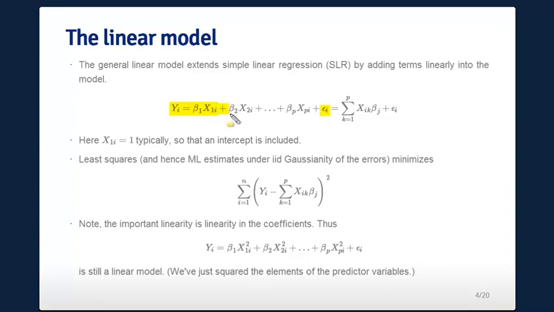But the general linear model just adds these extra terms. And of course, there is an intercept embedded in there, in that perhaps one of these regressors is perfectly constant. If it's just one, then that term would be an intercept. And we can write the general linear model this way, so we don't have to write a bunch of pluses out.